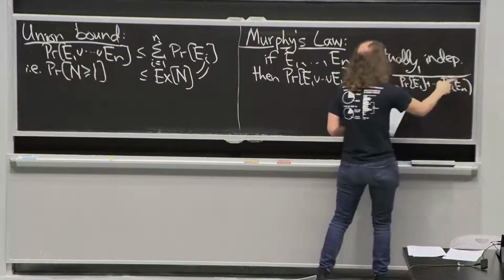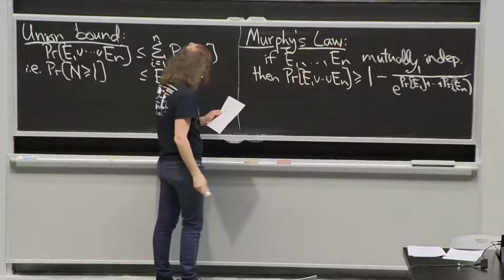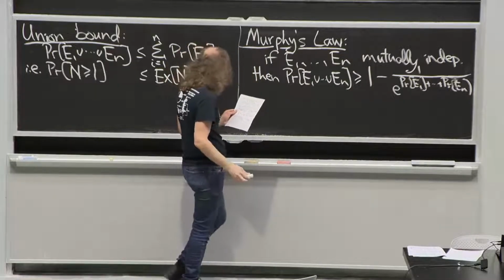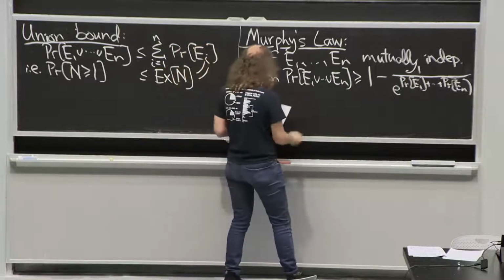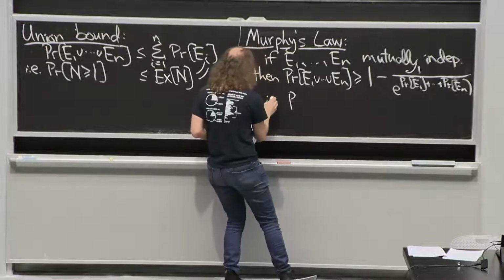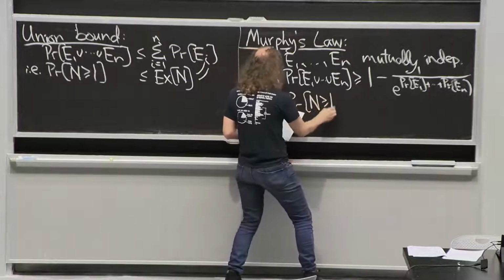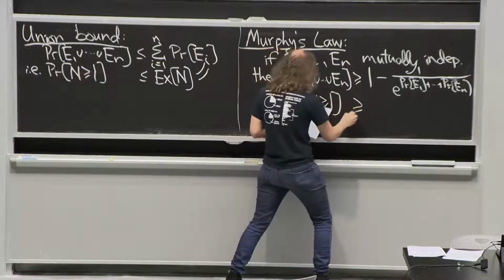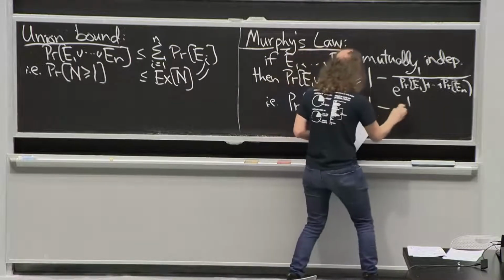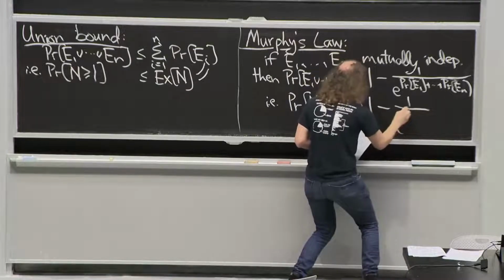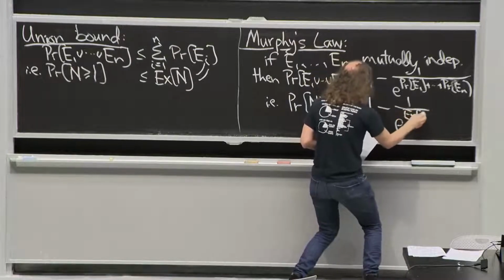This is without any n terminology, but maybe a nicer way is to write it in terms of n. Probability that at least one event occurs is at least 1 minus 1 over e to the expectation of n.